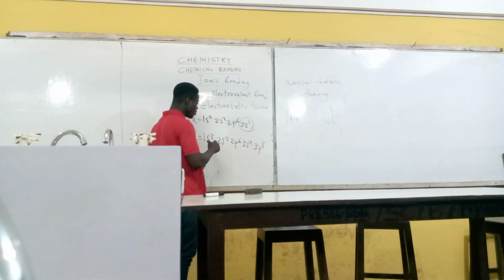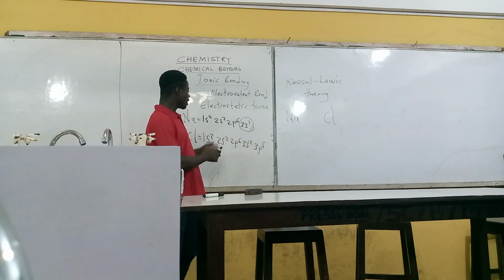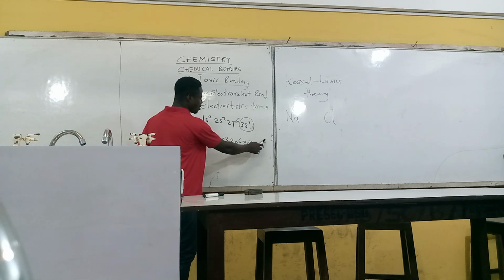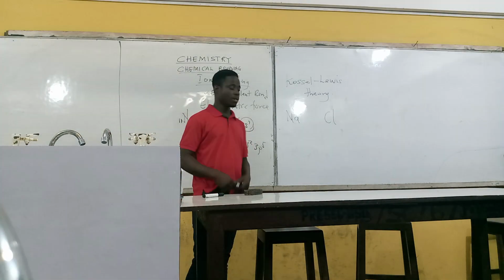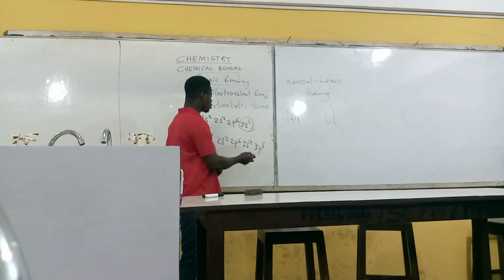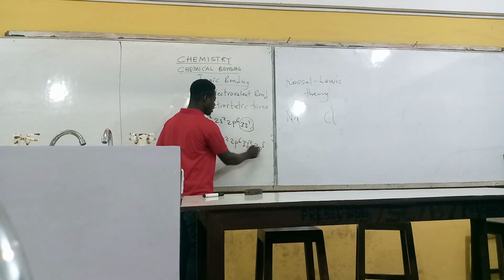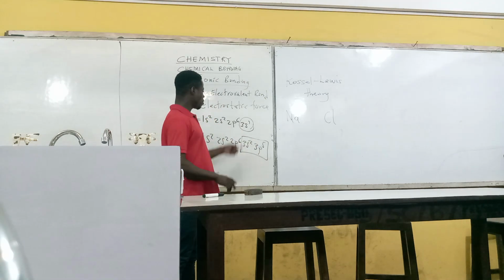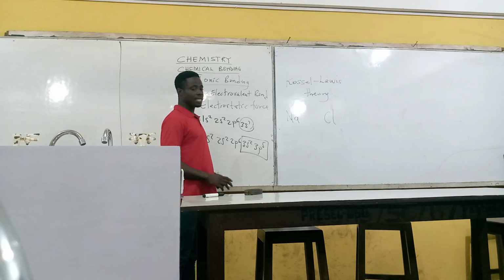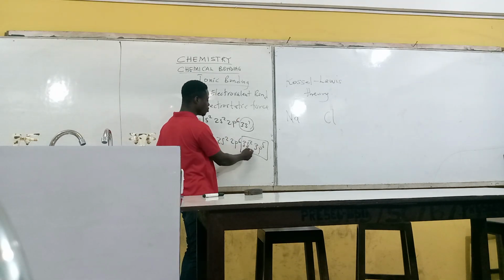If you look at chlorine, for instance, chlorine is having 3p5 here, but we cannot classify this 3p5 as the valence electron. Why? Because this whole thing, look at this, is having the same principal quantum number, that is 3. So in this case, we can easily say that the valence electron of this chlorine is 2 plus 5.